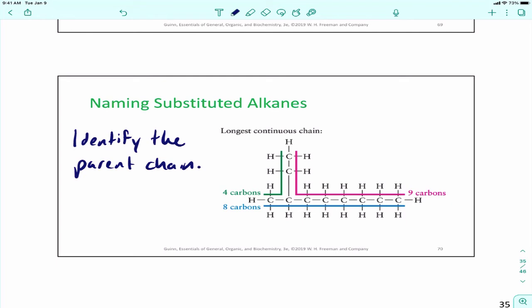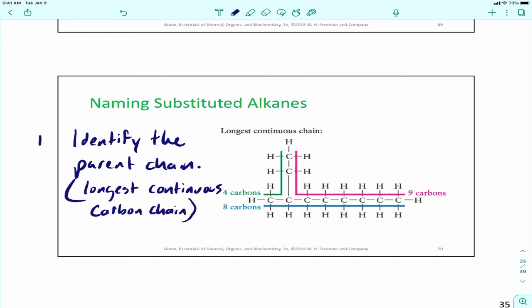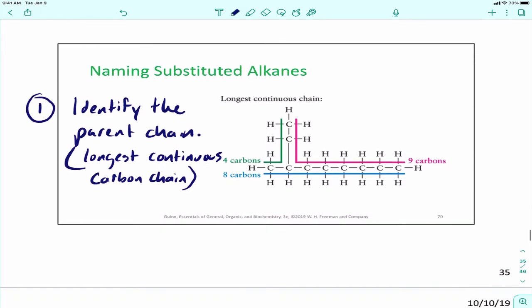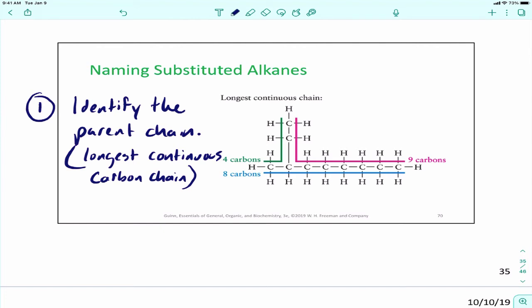The way that we deal with this is that we identify the longest parent chain. That's the longest continuous carbon chain. So this is step 1: identify the parent chain. You want to find the longest continuous carbon chain. The second step is to assign the parent chain a name.